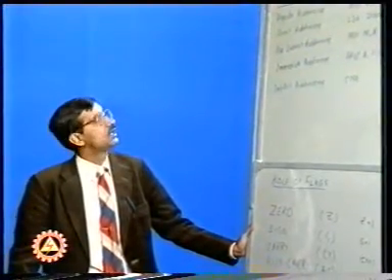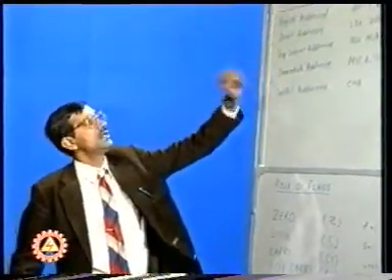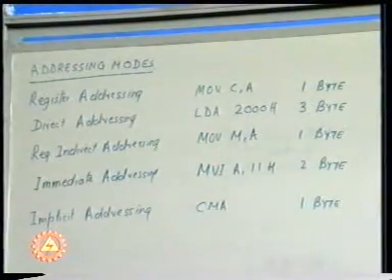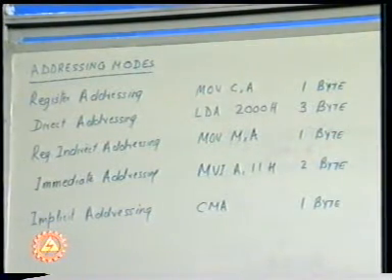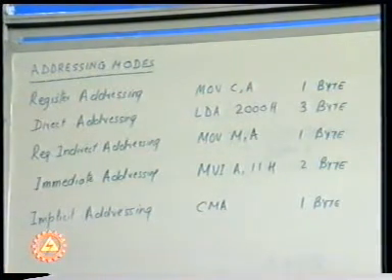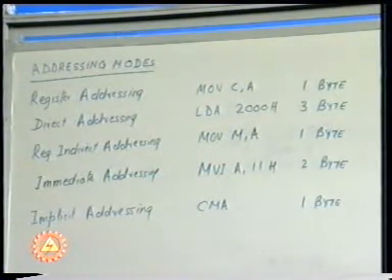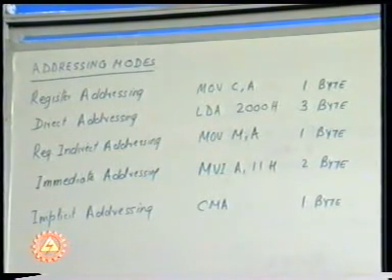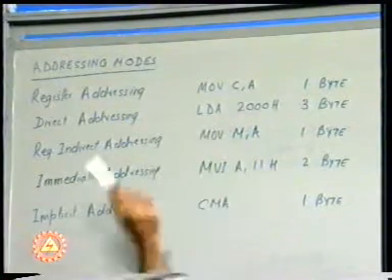Then we have another way of having access to the data, and that is direct addressing. In this case, the data which you want to have access to is in some memory location, and we want to move that data to the accumulator or to some other location. Here we have written an instruction LDA followed by 2000.